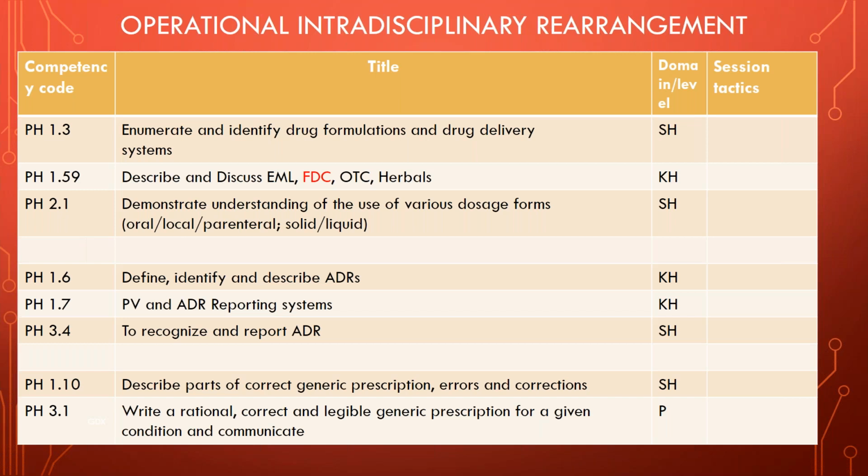When you talk of competency, it is related to skill, so it's always action oriented. So when you write the competency, it starts with an action verb. I was actually expecting some of you to identify, say, PH 1.7 in this slide, that as opposed to the other competencies, here the action verb is missing.